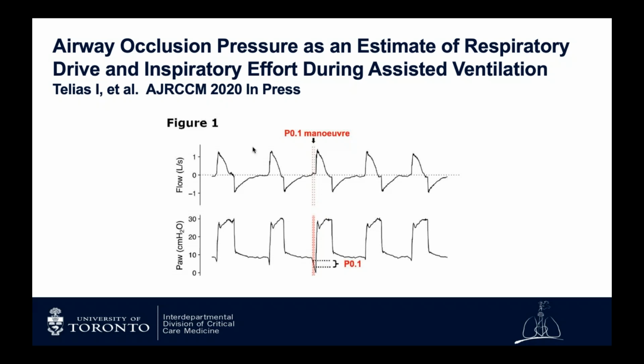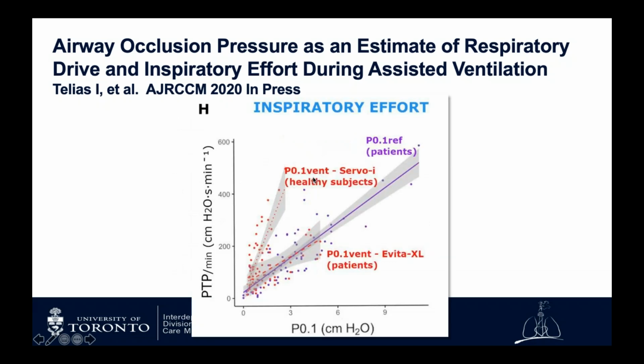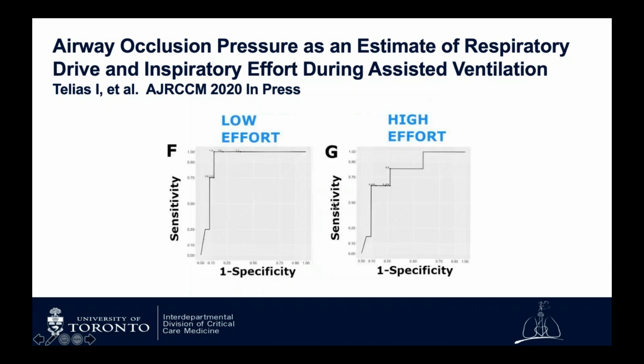One would be to measure the P0.1. It's a nice paper from one of our fellows, Irene Telias. The P0.1 measures the pressure that's developed in the first 100 milliseconds, or tenth of a second, during an occlusion maneuver, and it's nicely correlated with patient effort as measured by patient pressure time product.